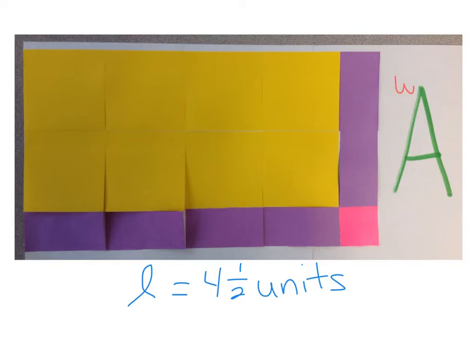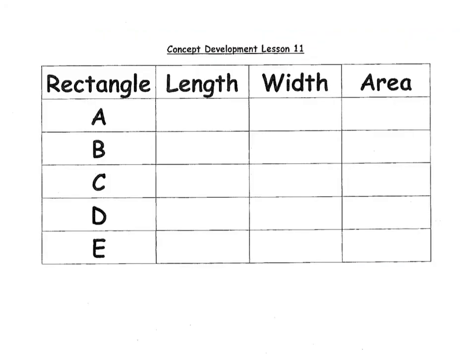So my width is equal to 2 1/2 units. Now I'm going to fill in my table for rectangle A. I know the length is 4 1/2, and the width is 2 1/2.